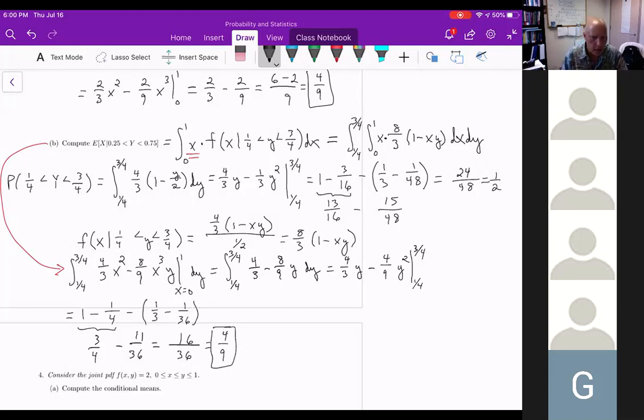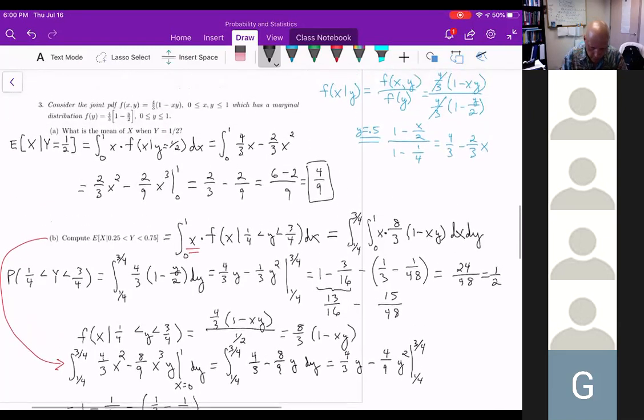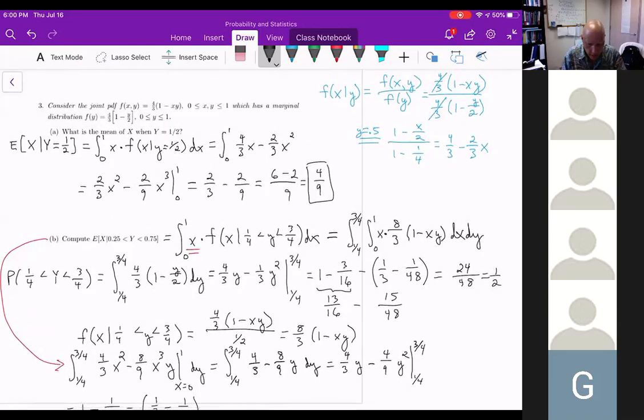So in this case, we've got the mean of x, given that y is somewhere between 1/4 and 3/4, is going to be 4/9. That's your interpretation of B. The interpretation of A is that the mean of x, given that y is the value of 1/2, is 4/9. And so in one case, y had an explicit value. In the other case, y is some range. It's somewhere in that interval.